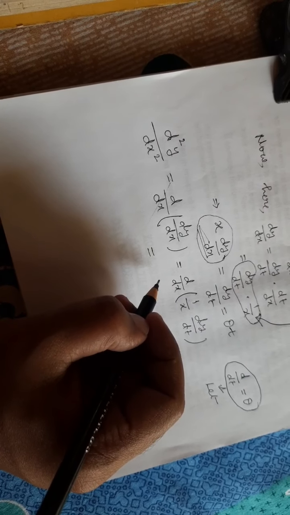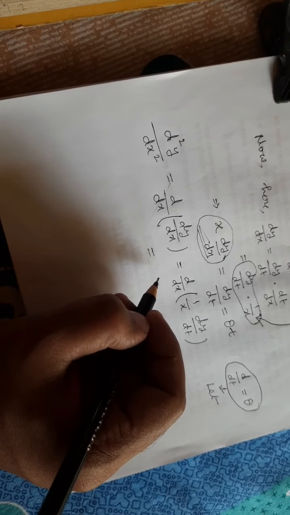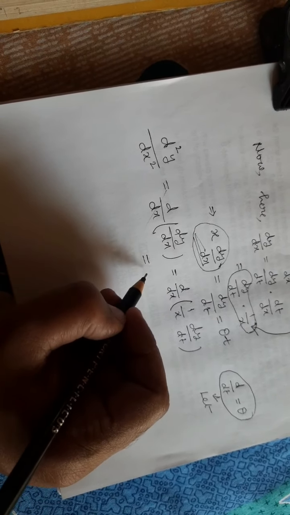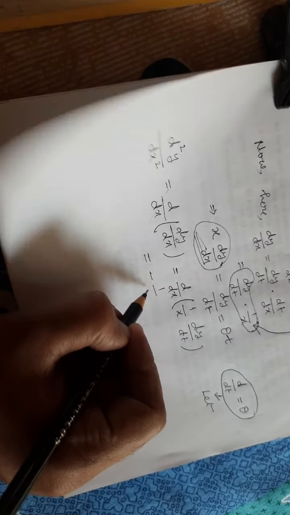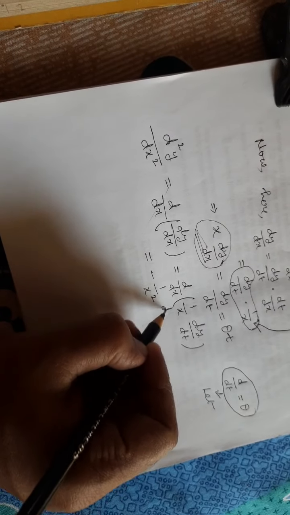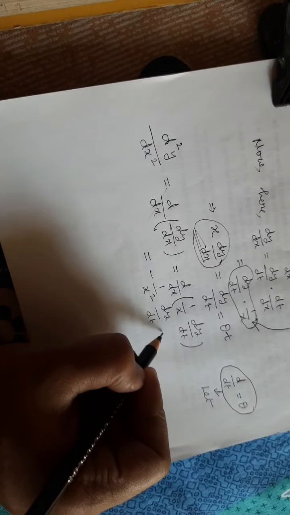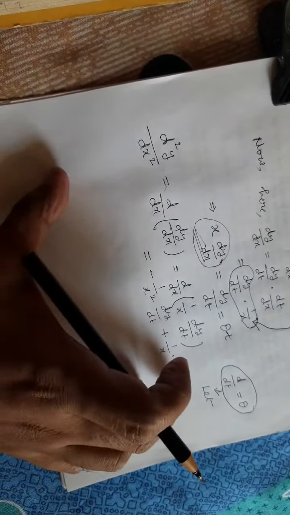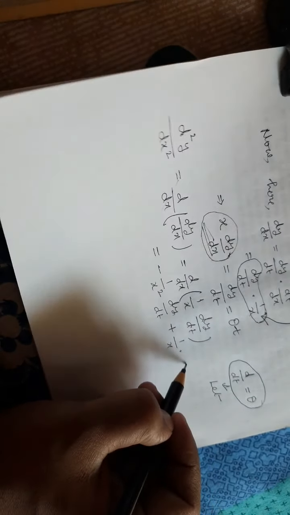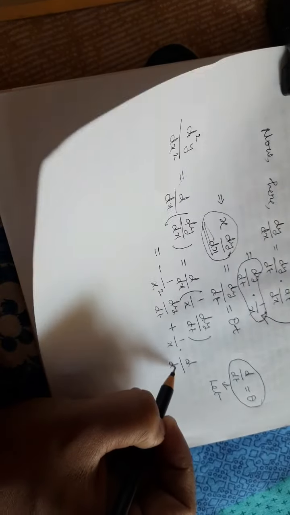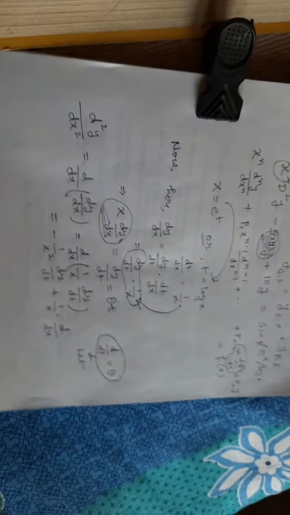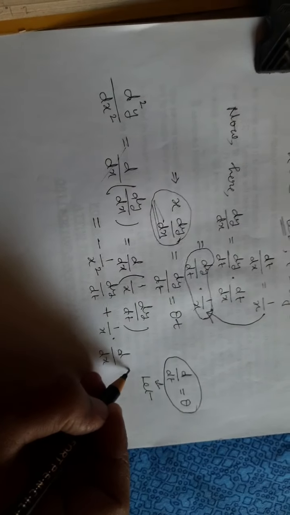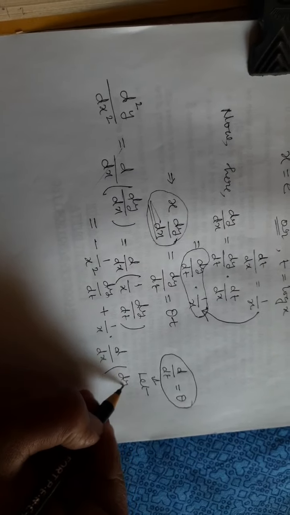Now by the UV rule of derivative, we can write minus 1 by x square dy by dt plus 1 by x into d by dx of dy by dt.